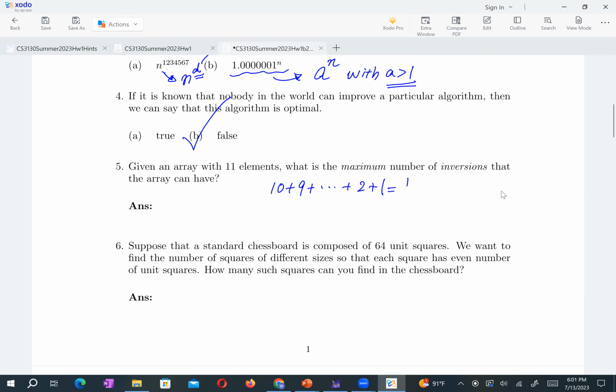So 1/2 times 10 times 11, that is 55. So that is the answer. Why is that? Let me just repeat the procedure.